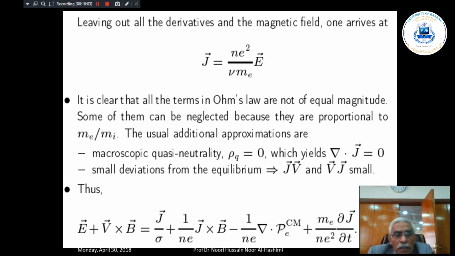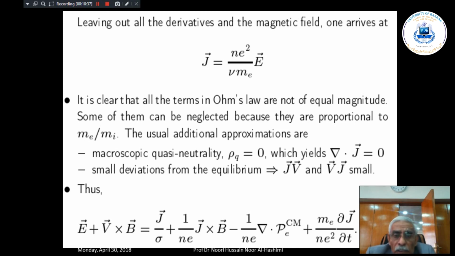It is clear that all the terms in Ohm's law are not of equal magnitude. Some of them can be neglected because they are proportional to m e over m i. وm i هي larger than m e، بالحقيقة much larger than m e، ولذلك ممكن أنه تهمل.